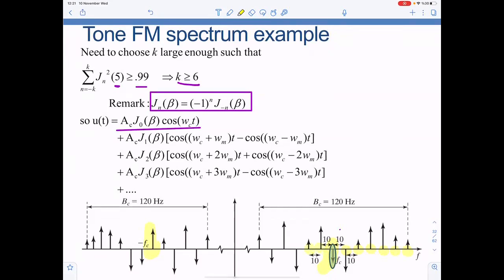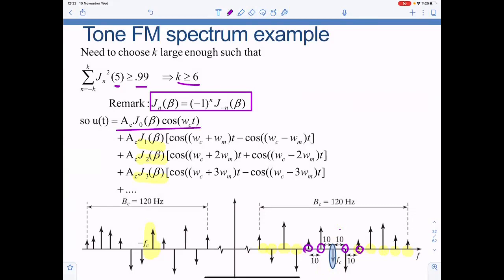And of course, the other pair of sidebands. The amplitudes here are controlled by the Bessel function values. Now you can see that the odd ones are odd symmetric and even ones are even symmetric.